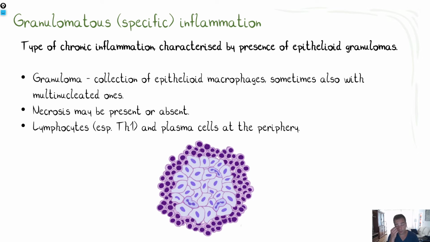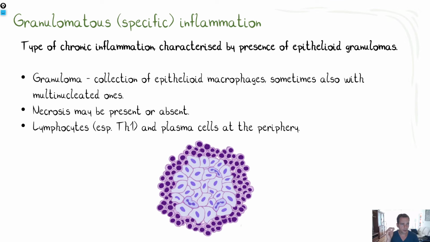So granulomatous or specific inflammation. What does it mean? The word specific is quite old and not an exact term, not an exact description, because in previous decades we knew just a few diseases that manifested granulomatous type of the inflammation.